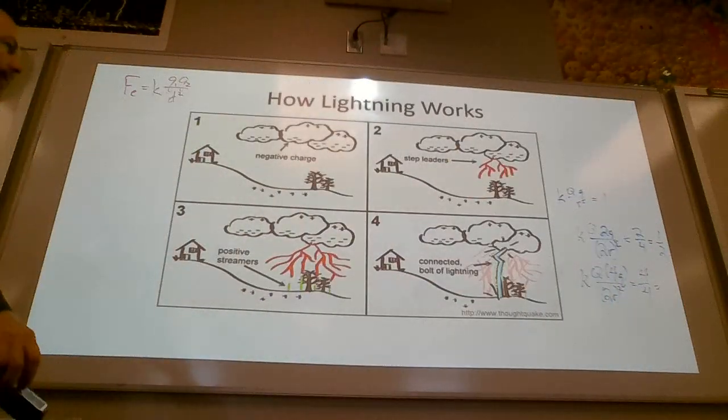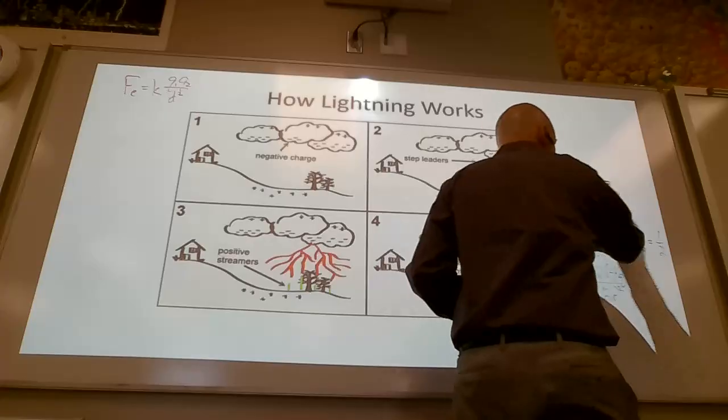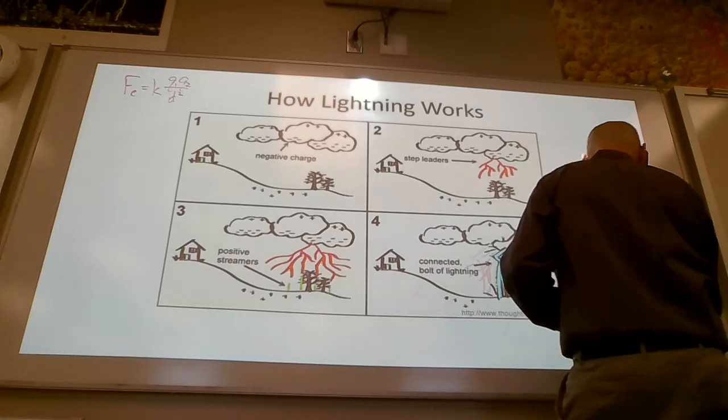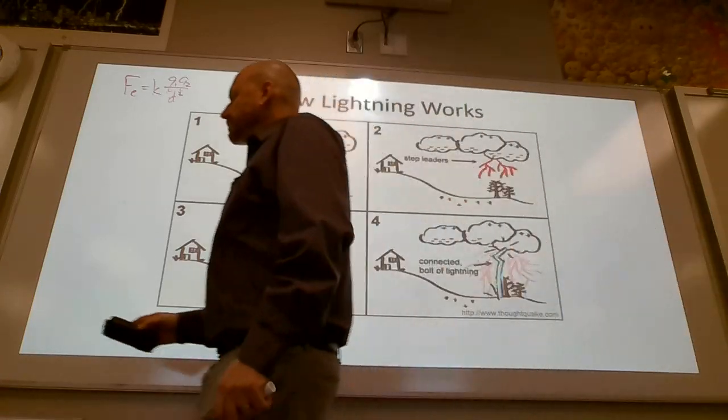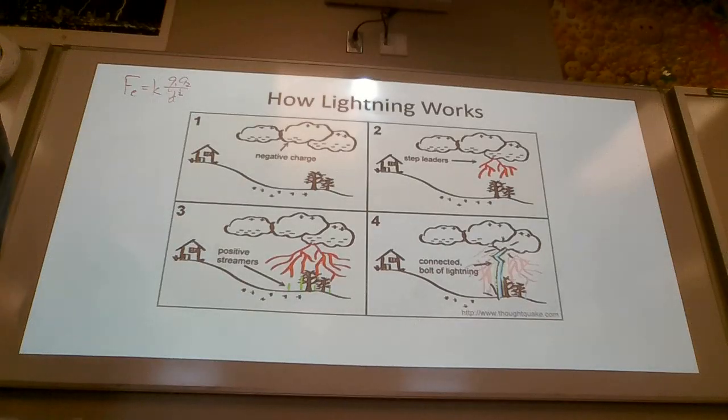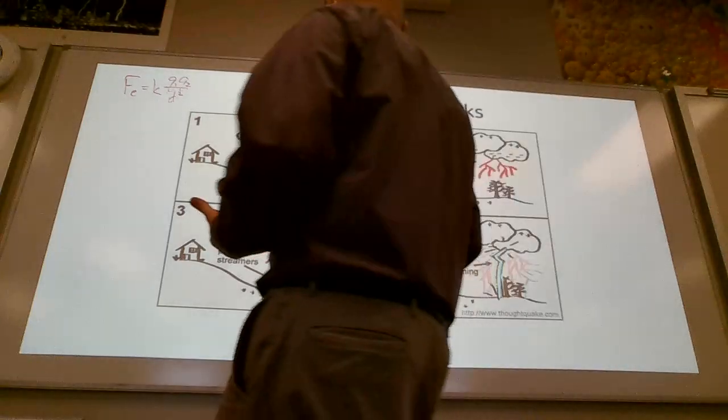Here's how lightning works. In a thunderstorm, there's a lot of turbulence. Molecules are smashing into each other, ripping electrons off. So we're charging by friction. For reasons that we're not sure why, we just know this happens.